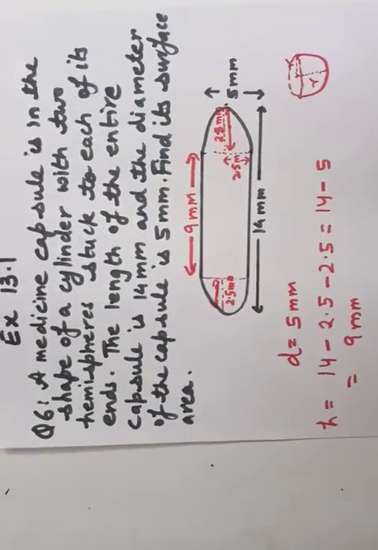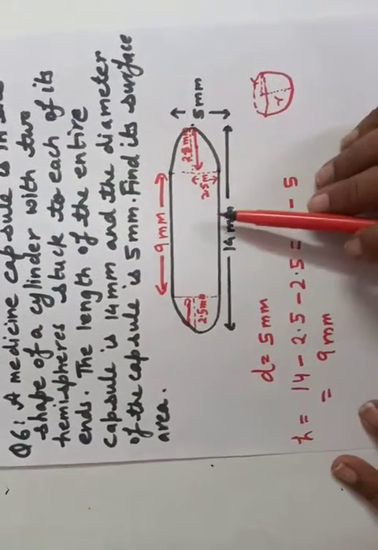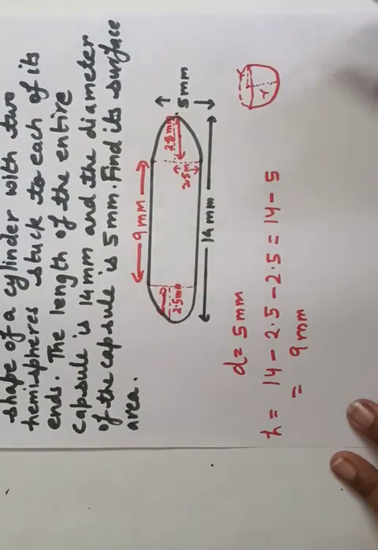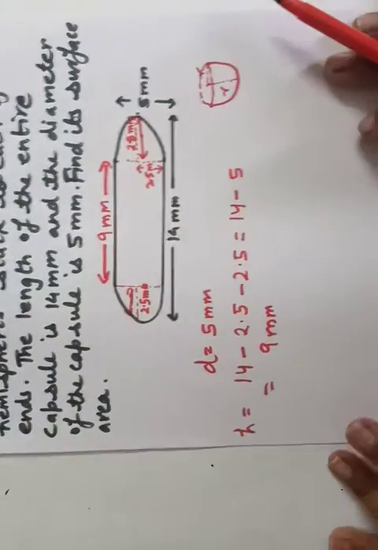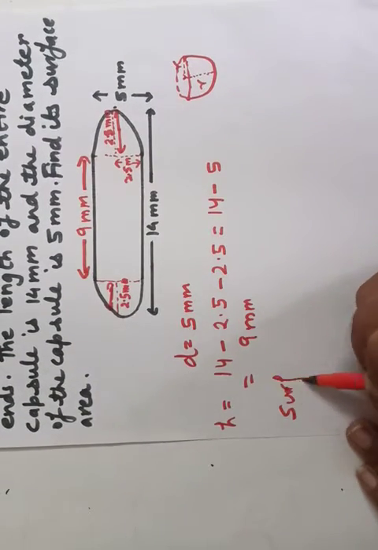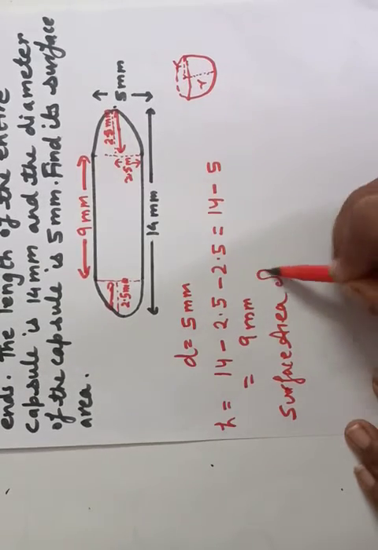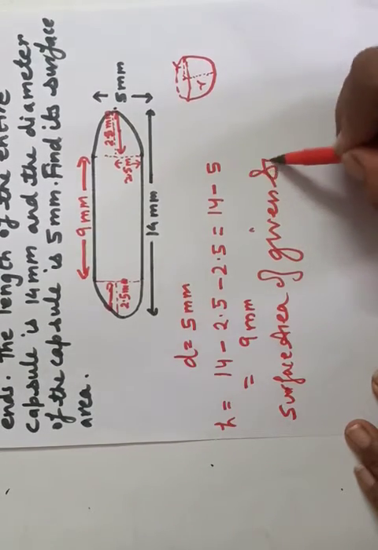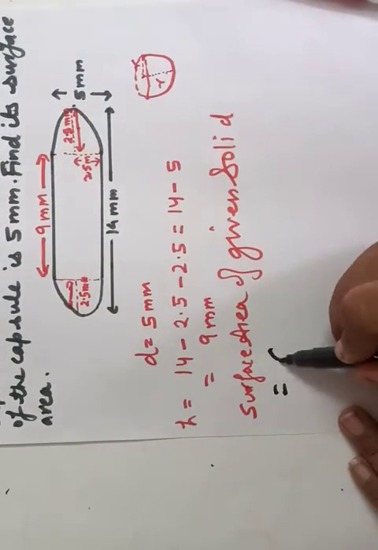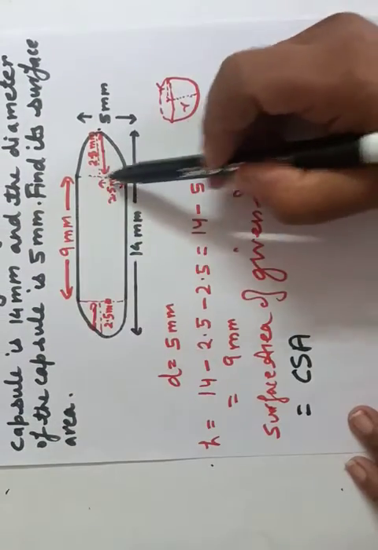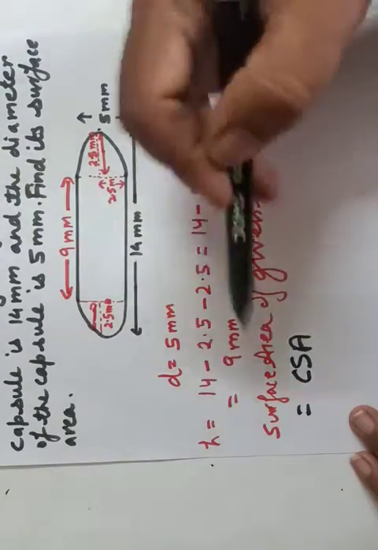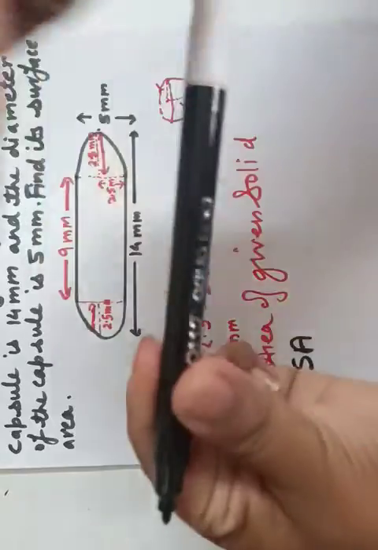Now since it is made up of a combination of the hemispheres and the cylinder, let's make an equation for how we can find the total surface area of this solid. The surface area of the given solid will be equal to the curved surface area, because the portions above and below are not included, only the curved one is included.